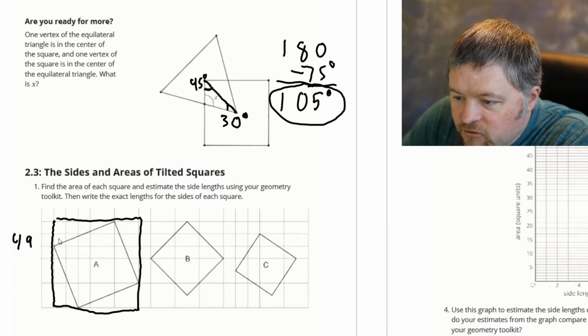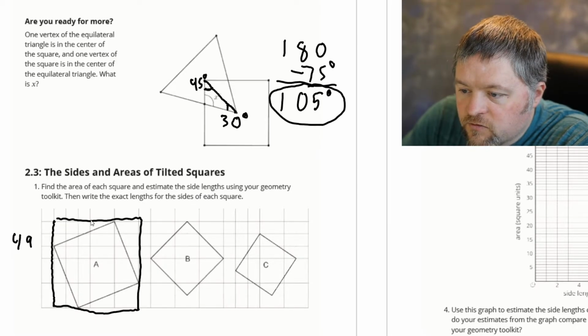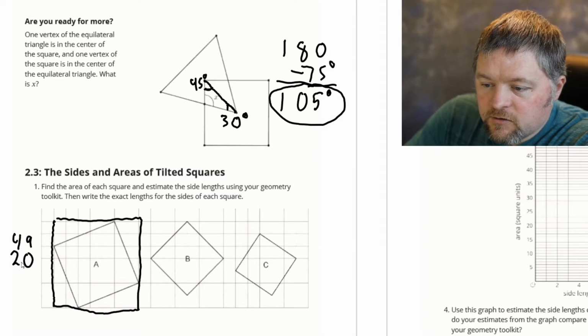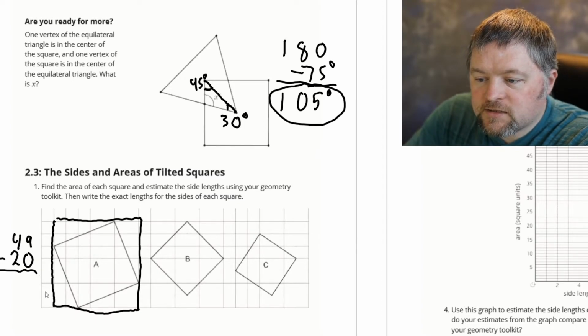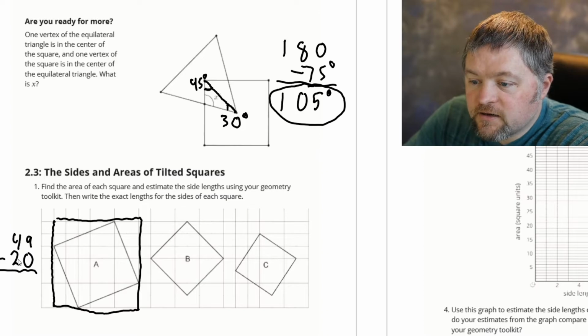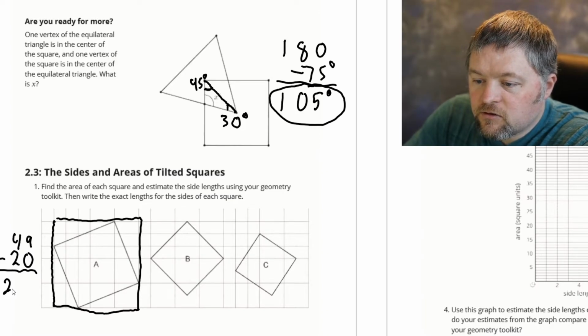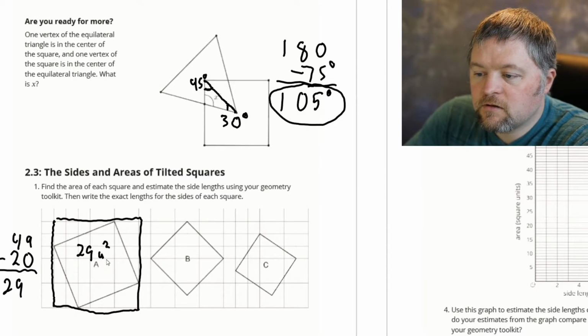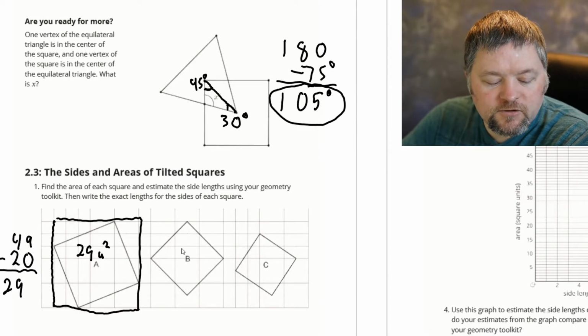These inner triangles are 5 by 2. 5 times 2 is 10, over 2 is 5. There are 4 of them. 20 units. This is the same as the square we did a minute ago. 29 units squared. The area of square A is 29 units squared.